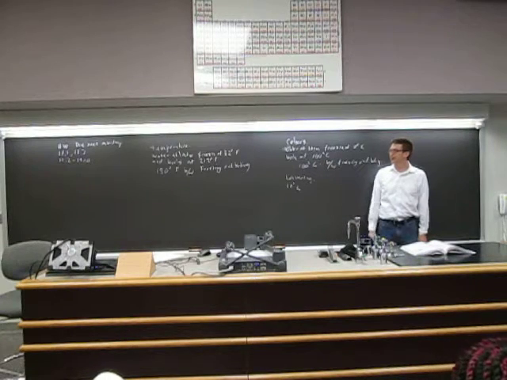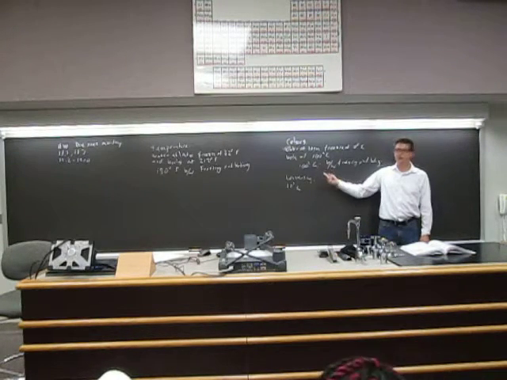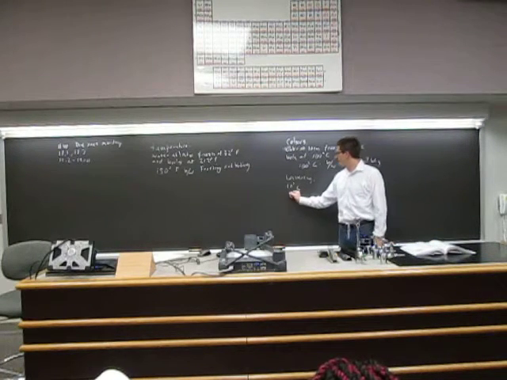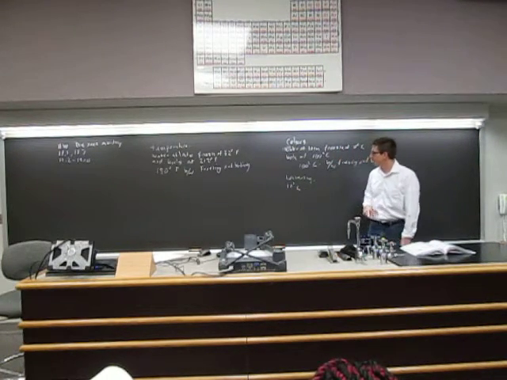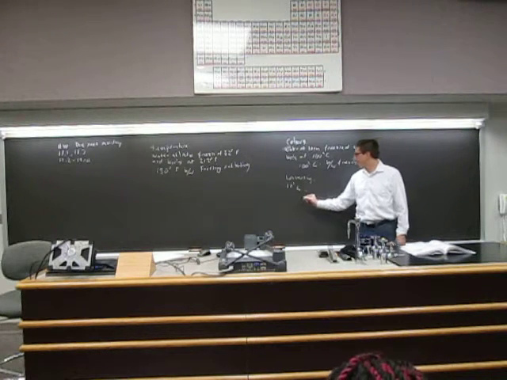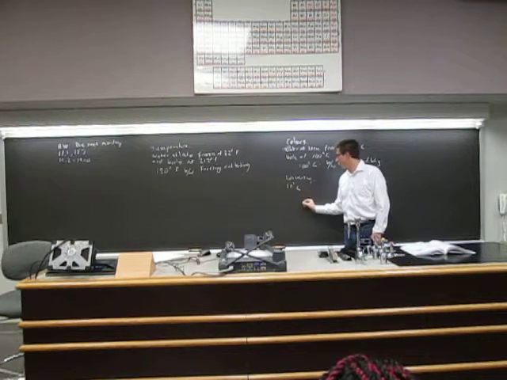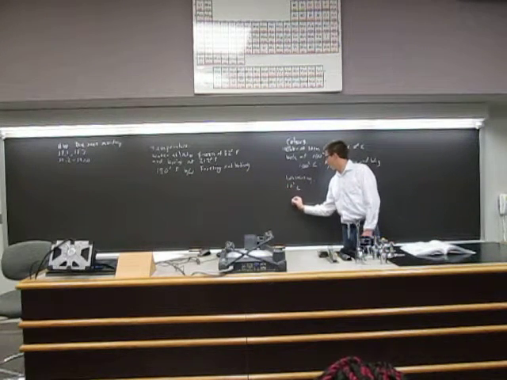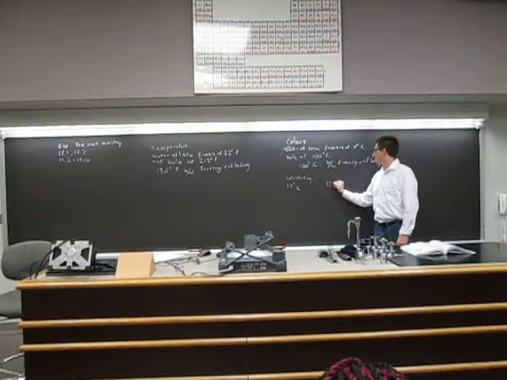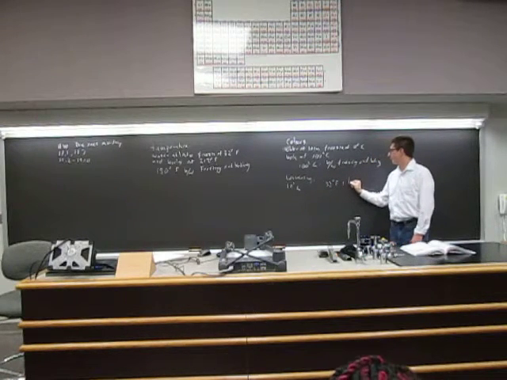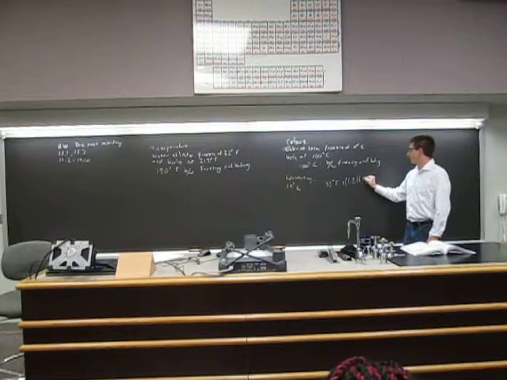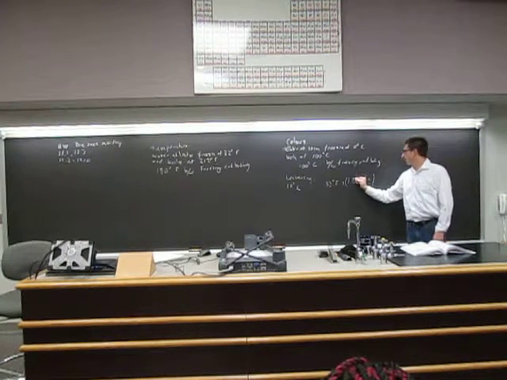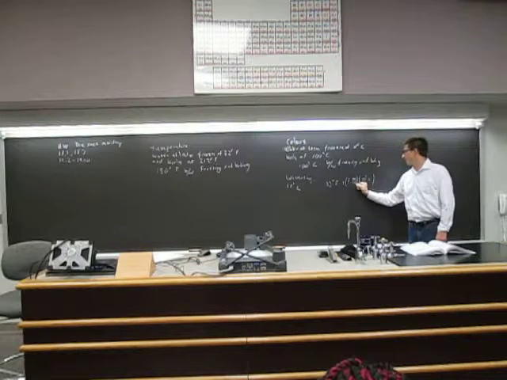So the Celsius degree is 1.8 Fahrenheit degrees. So what I'll do is, this is 32 degrees Fahrenheit plus 1.8 times the 10 degrees C, and this would be degrees Fahrenheit per degree Celsius.